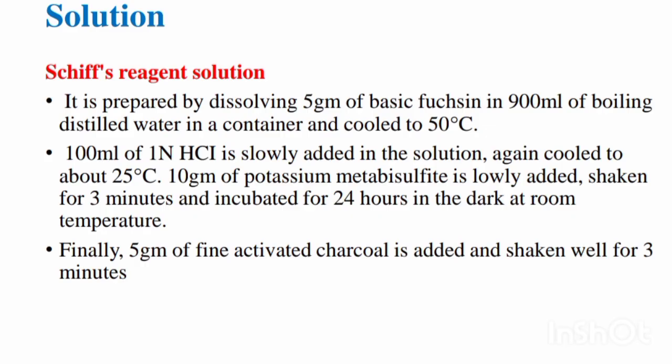Then 100 milliliter of 1N HCl is slowly added. Again it is cooled to 25 degrees Celsius, then potassium metabisulfite is added slowly and shaken for 3 minutes and incubated for 24 hours in the dark at room temperature. In the last step, 5 gram of fine activated charcoal is added and shaken well for 3 minutes. So there is a ready Schiff reagent solution.